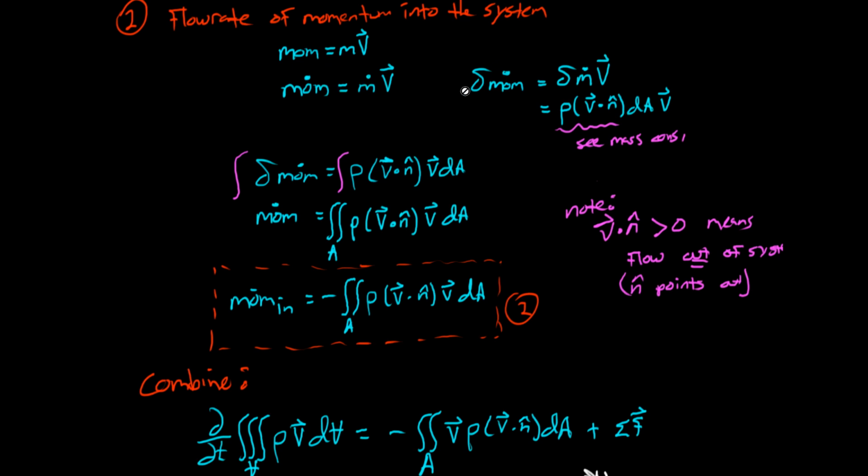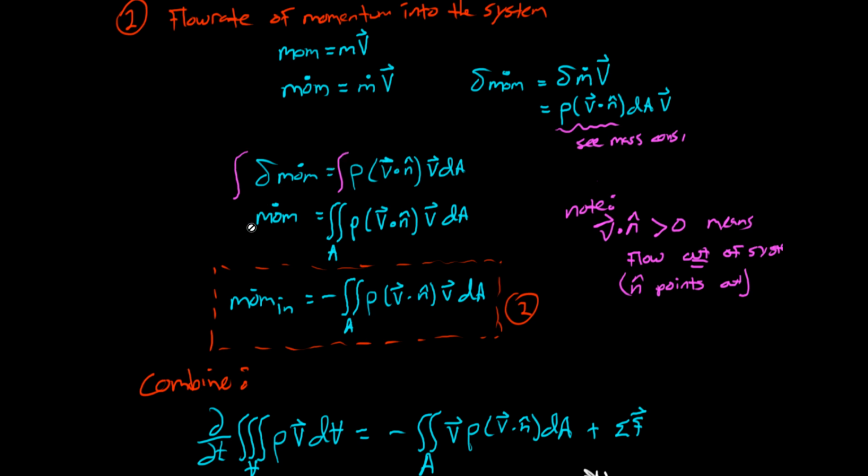A differential amount of that looks like delta m dot, or del m dot times velocity vector here. And so once again, just like in mass conservation, this mass flow rate differential looks like rho v dot n dA. So you saw that in mass conservation. So it's the same thing, just multiplied by v.